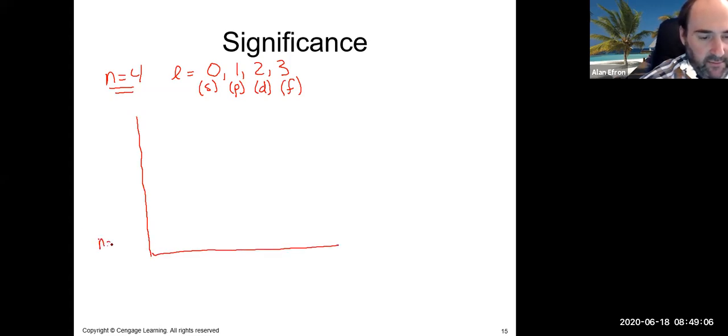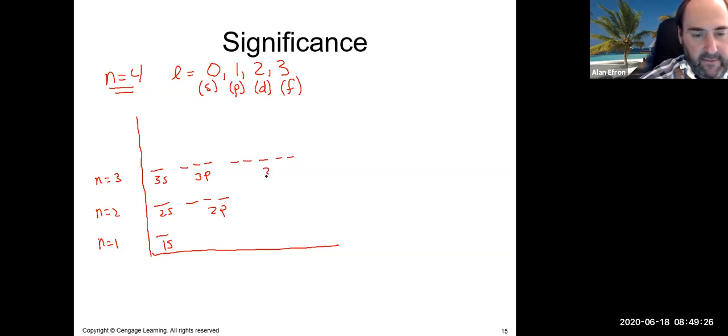So on our n equals 1, we had our 1s. On our n equals 2, we had our 2s, and that's when we first start our 2p's. On our n equals 3, we had our 3s, our 3p's, and our 3d's.